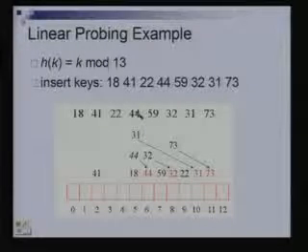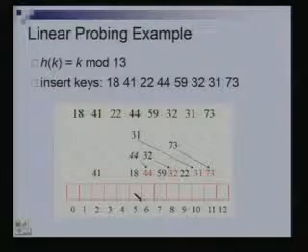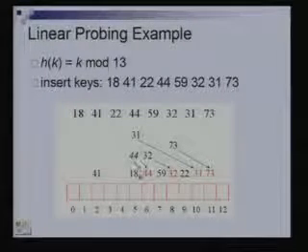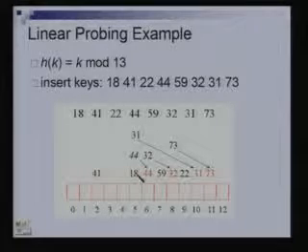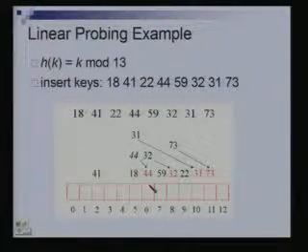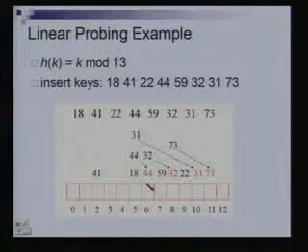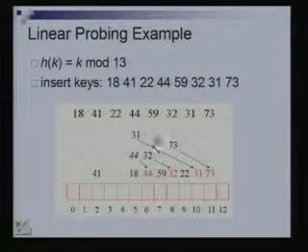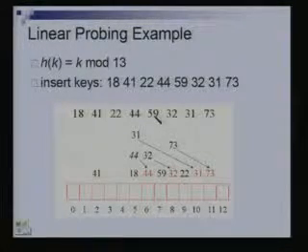44, 44 mod 13 is 5. So we want to put 44 at this location, but this location is already occupied by 18. So 44 will now search for the next location. This location is empty, so we put 44 here. 59, 59 mod 13 is 7.